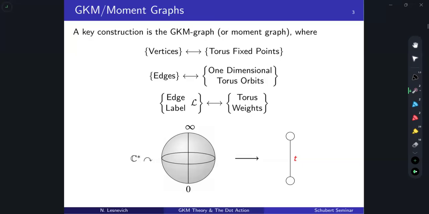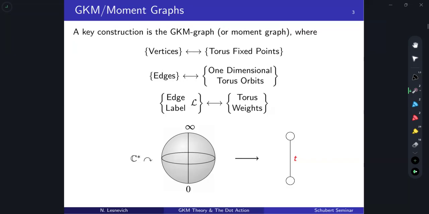And finally, we need a little bit of extra information, an edge labeling that we're going to get from torus weights. The way I think about this, at least, if I have the simplest setup possible, I have one torus C star acting on P1, or the Riemann sphere, by multiplication.